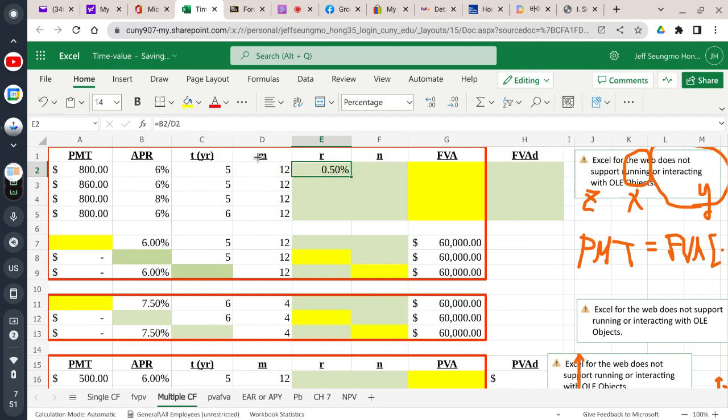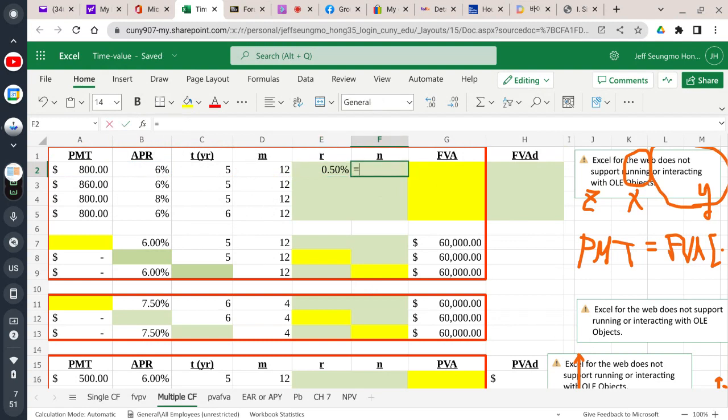Not 5%, but 0.5. Why? If APR is 12%, wouldn't the monthly rate be just 1%? Of course, 12 divided by 12. So if APR is half of that, the monthly rate will have to be half of 1%.